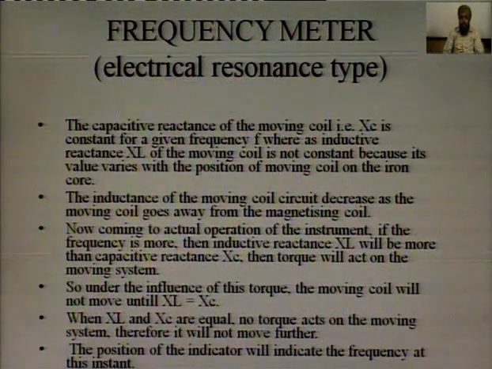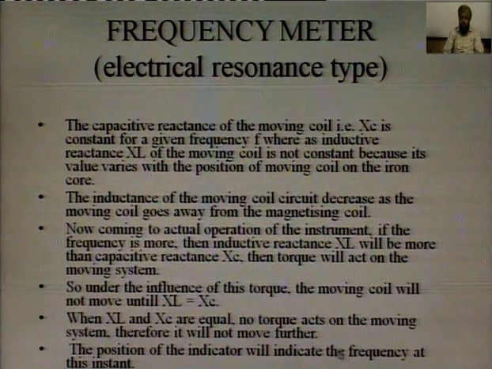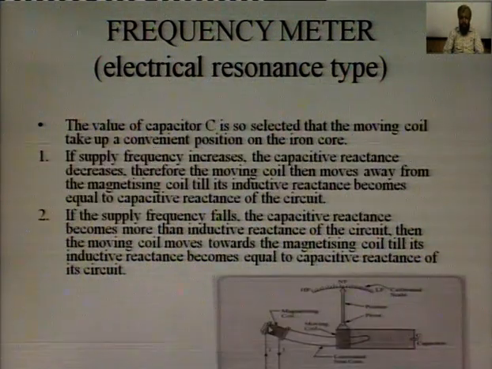When XL and XC are equal, no torque acts on the moving system, therefore it will not move further. The position of the indicator will indicate the frequency at this position. The value of capacitor C is so selected that the moving coil takes a convenient position on the iron core.